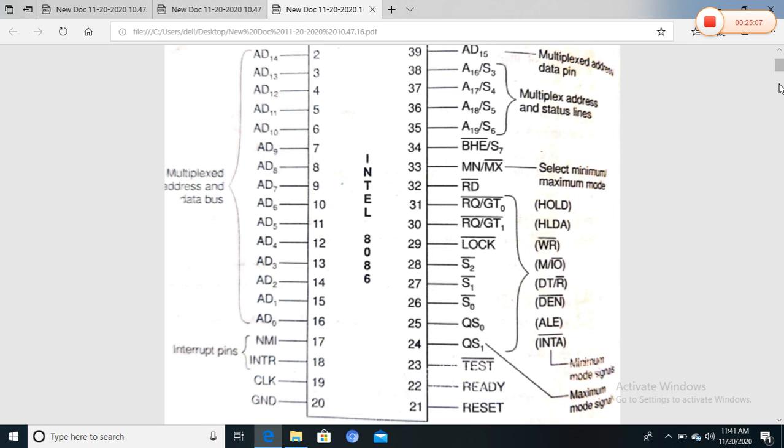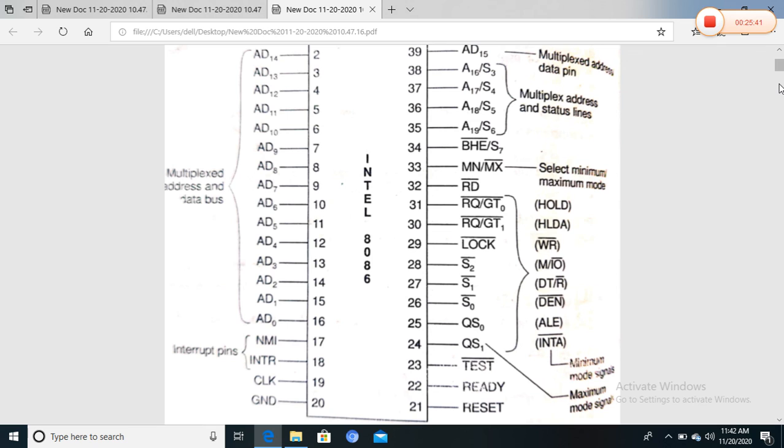Next is RQ bar/GT0 bar and RQ bar/GT1 bar. These are the request/grant pins, number 30 and 31. These pins are used by other local bus masters in maximum mode, and these pins are bidirectional. They release the local bus to another processor at the end of the processor's current bus cycle.